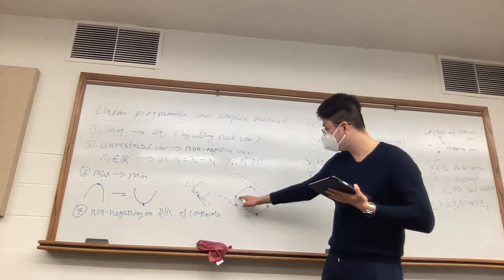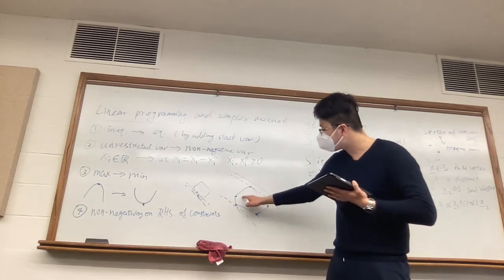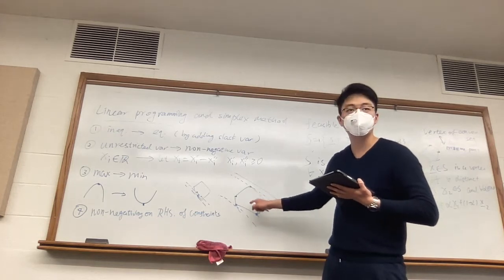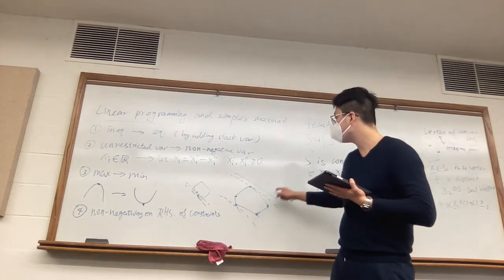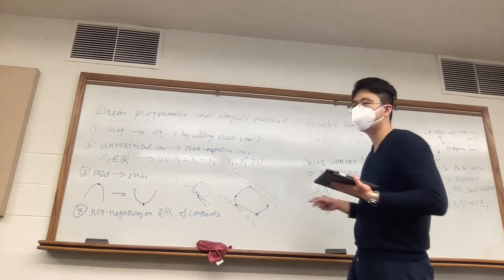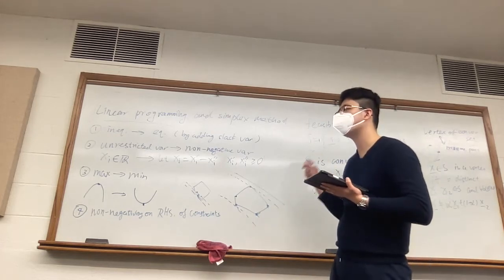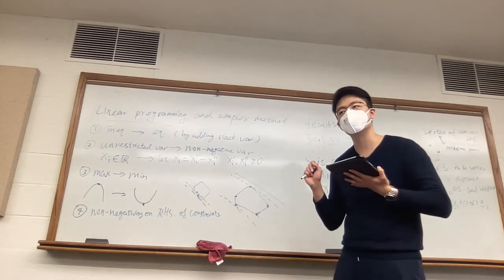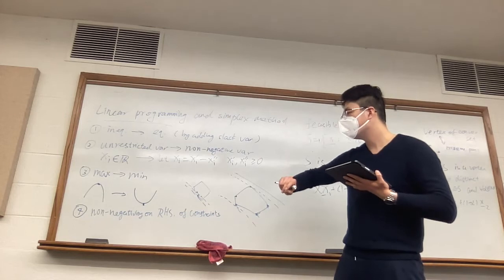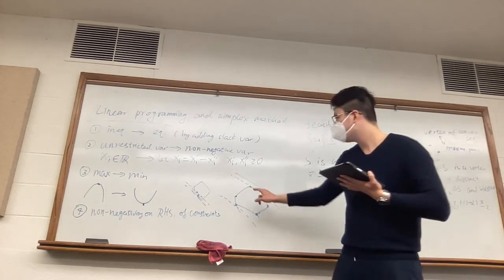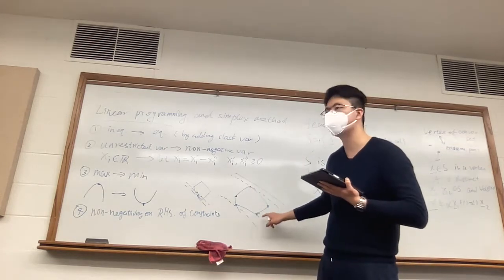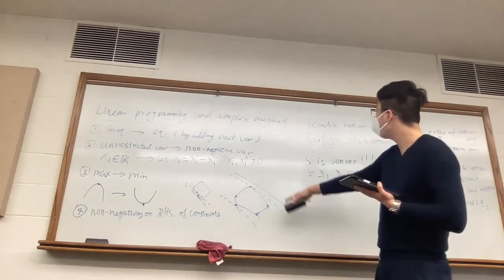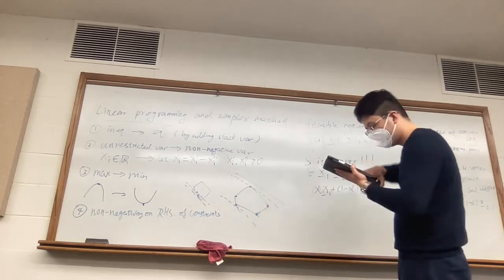And you see that this is a pentagon, so the number of vertices is finite, right? So in this way, you have transformed an optimization problem that has an infinite number of feasible solutions to a finite number of feasible solutions. And you can just search among these finite number of solutions and check who is the best. So this is the core idea of the simplex method.